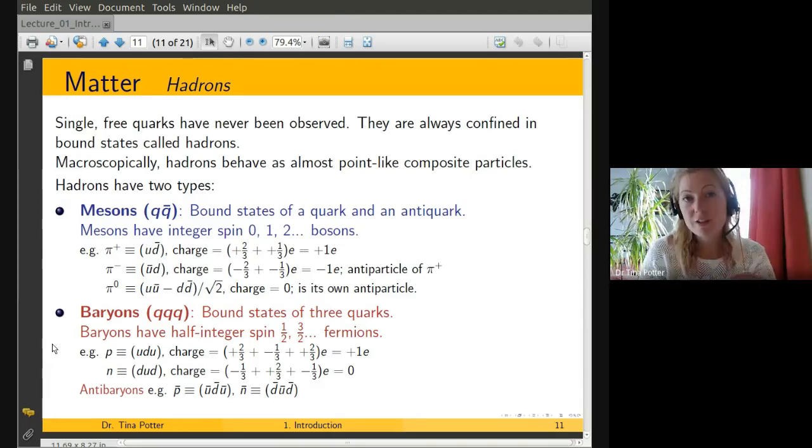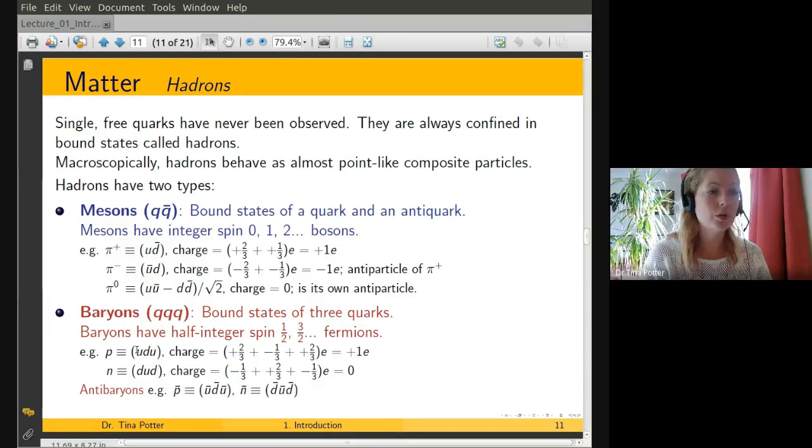The next type of hadron you can get are when you've got 3 quarks in a bound state, like you have for protons and neutrons. So we've got no antiquarks here, just 3 quarks, or you could have 3 antiquarks, I guess. So these are bound states of 3 fermions. Overall, the baryon has a spin of half integer, so it itself is a fermion as well.